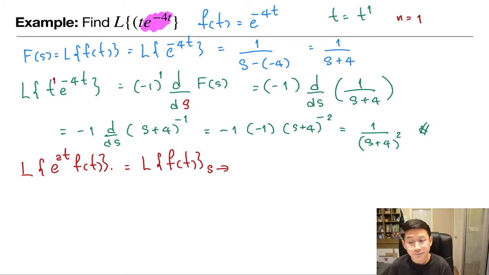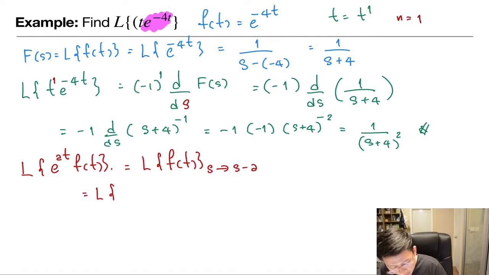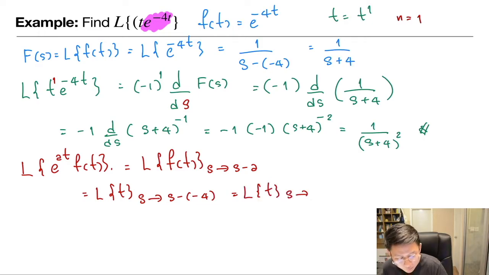In this case it's going to be the Laplace transform of t, and then you change s to s minus minus 4, which is s to s plus 4. Does it make sense?